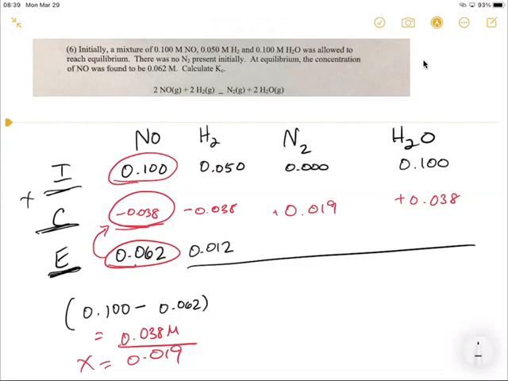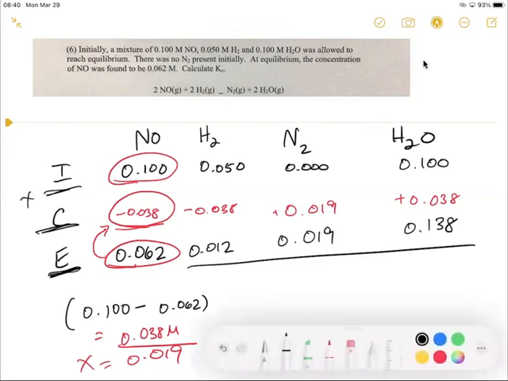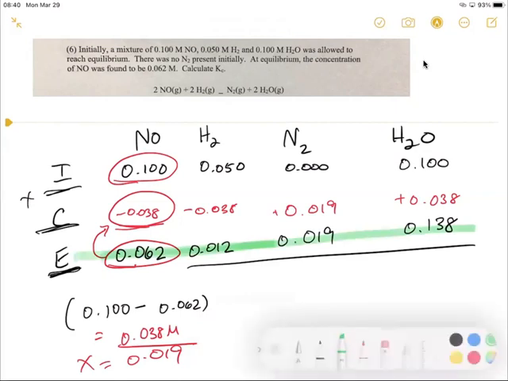This 0 plus 0.019 is obviously 0.019, and 0.1 plus 0.038 is 0.138. Now I can use this entire row to calculate K.